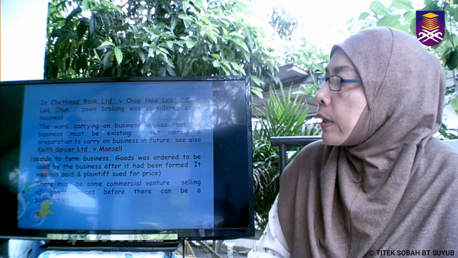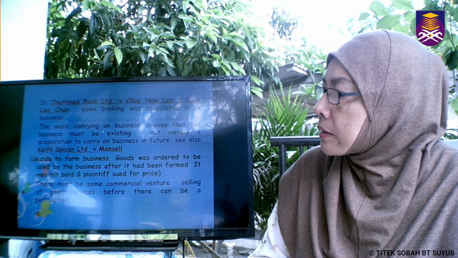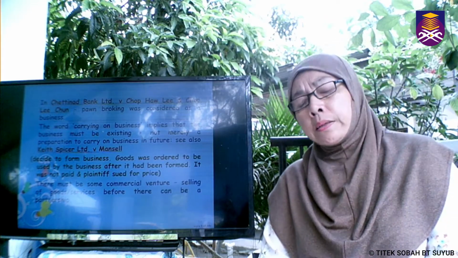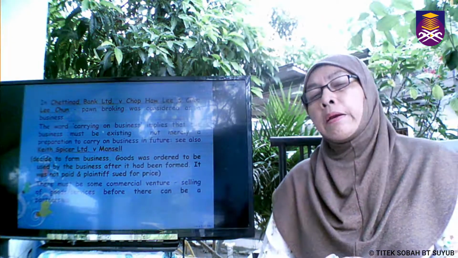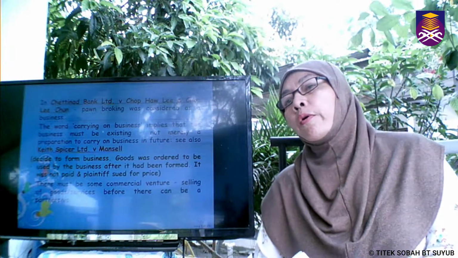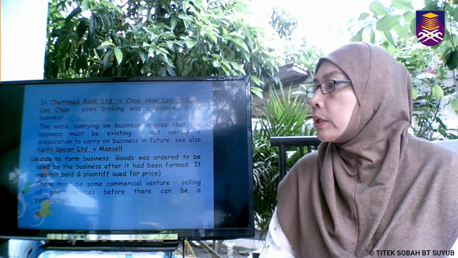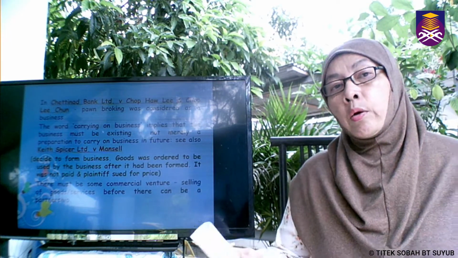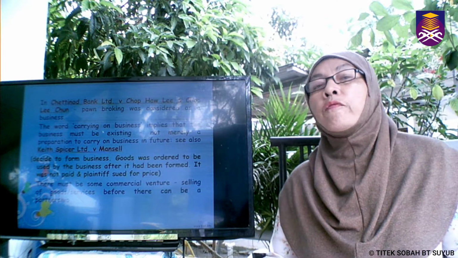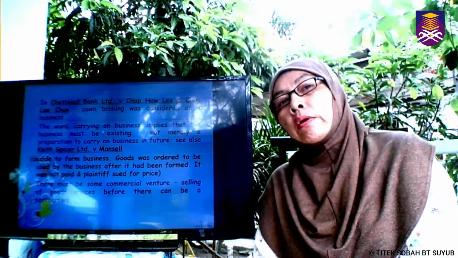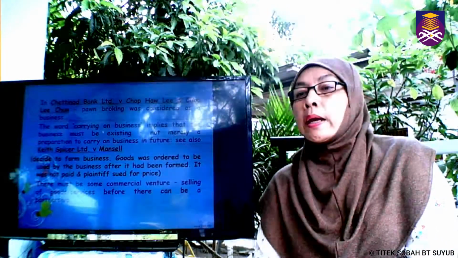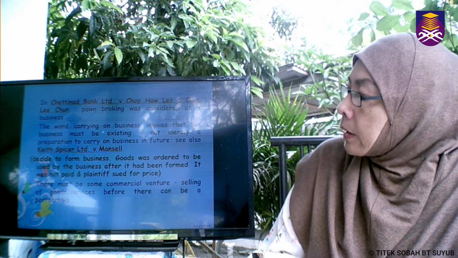So let us have a look at the case of Keith Spicer Limited versus Mansell. What happened in this case? They decided to open a restaurant, and items had already been ordered for the restaurant. However, at the time they ordered the items, the restaurant was not formed yet. Later on, the goods were delivered, but they were not paid for, and that's why the supplier sued the firm.